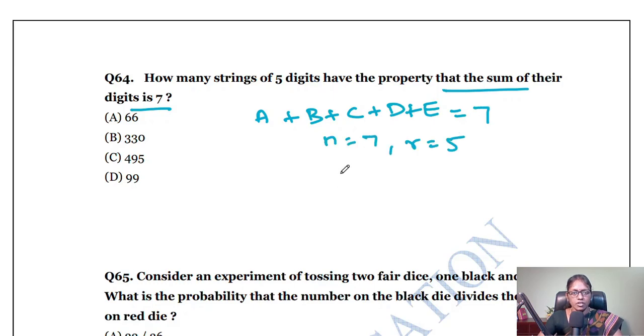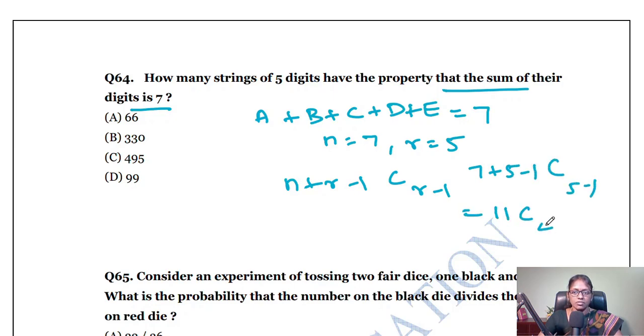So the formula for this kind of question is n equal to 7 and r equal to 5. So n plus r minus 1 C r minus 1. So 7 plus 5 minus 1 C 5 minus 1. So 12 minus 1, 11 C 4. If you find out the 11 C 4, 11 factorial over 4 factorial times 7 factorial, right? 11 minus 4 is 7 factorial.